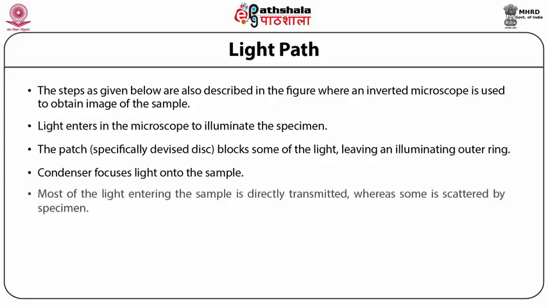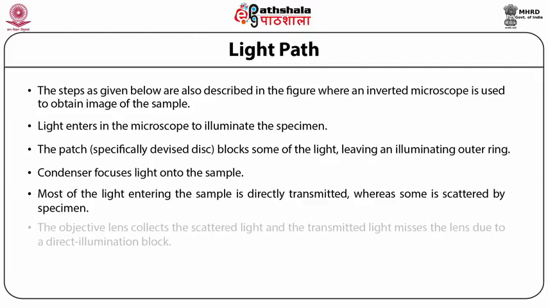Fourth, most of the light entering the sample is directly transmitted, whereas some is scattered by the specimen. Fifth, the objective lens collects the scattered light and the transmitted light misses the lens due to a direct illumination block.